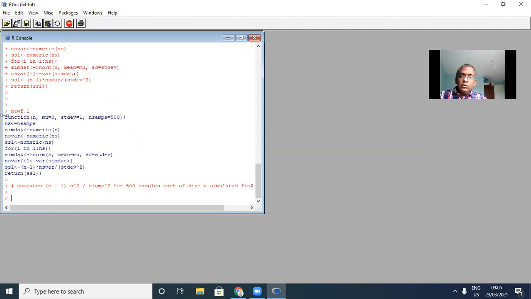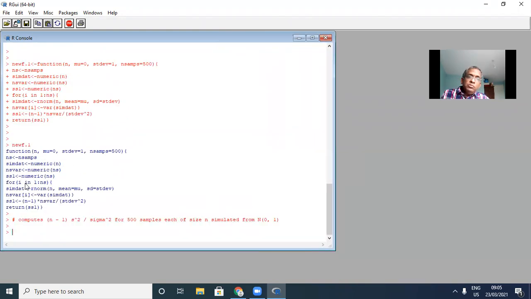So it computes the value of this statistic for 500 samples each of size n simulated from the standard normal. So your sigma is 1 basically.